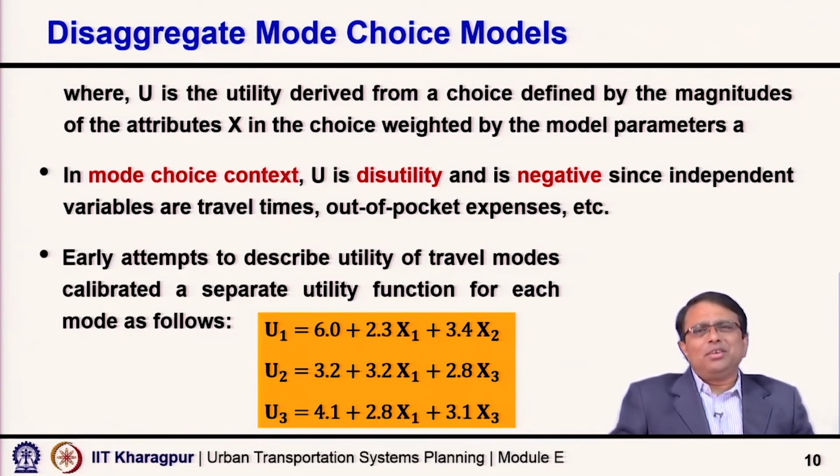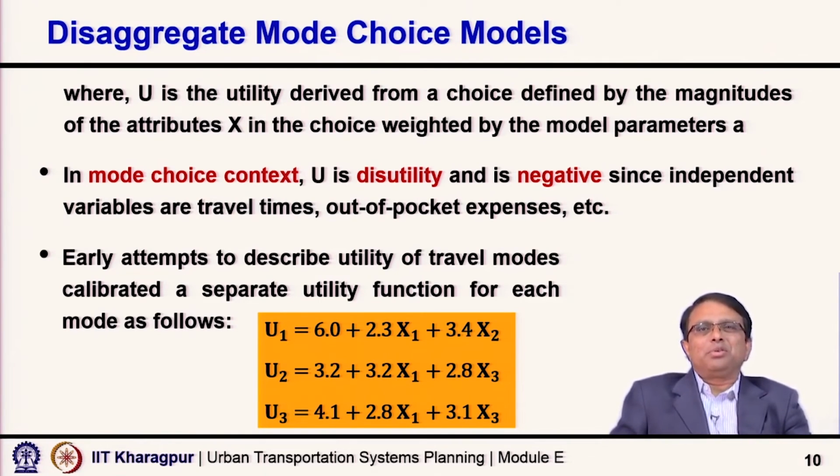How is a different aspect altogether; we shall discuss some of those things if time permits. But the initial attempts were that every alternative has a separate utility equation. You can see the constants are different, the x1 coefficients are different, the x2 coefficients are different. So, every mode has a separate utility function.